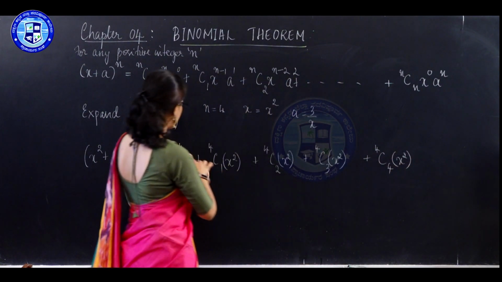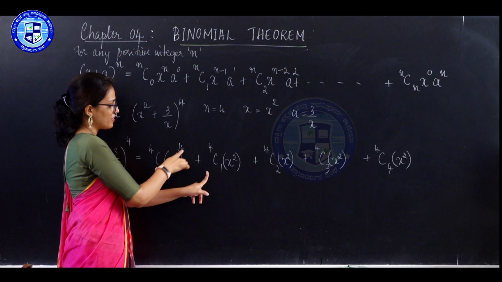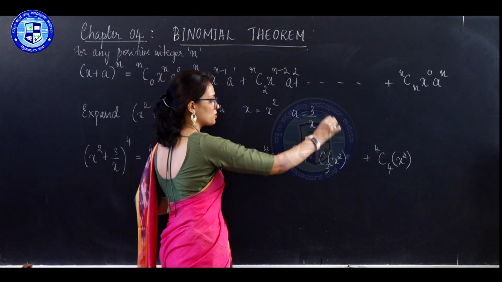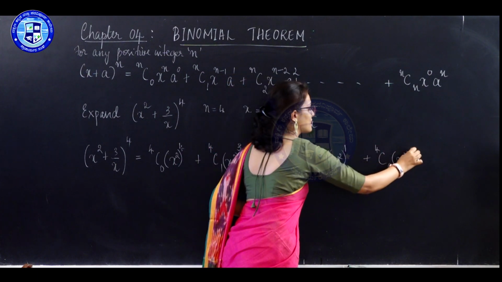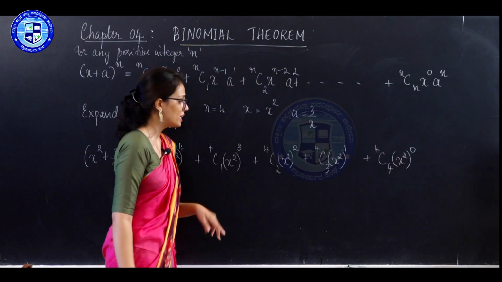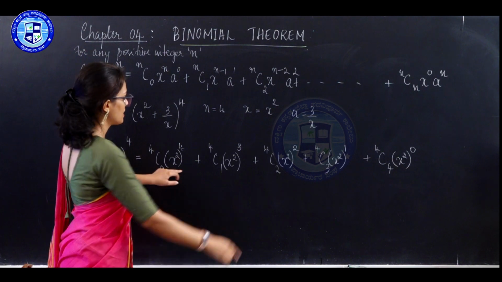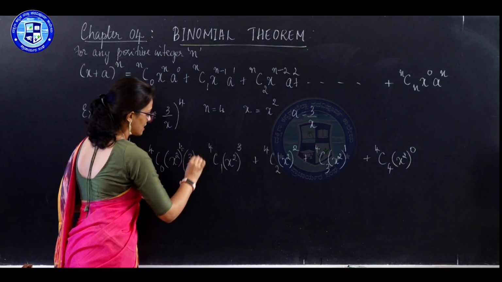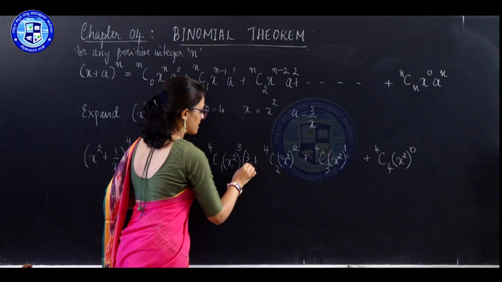Okay. Now let us reduce the power each time. We have x to the power 4, this will be x to the power 3, x to the power 2, this will be 1, and this will be 0. Now let us write the a terms. a is 3 by x. So we have 3 by x. I will write 3 by x everywhere first.